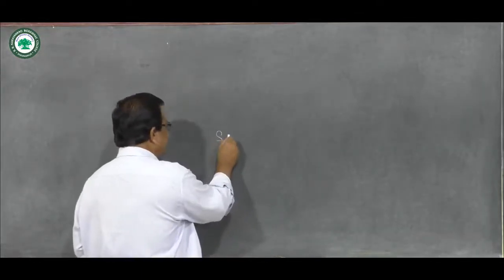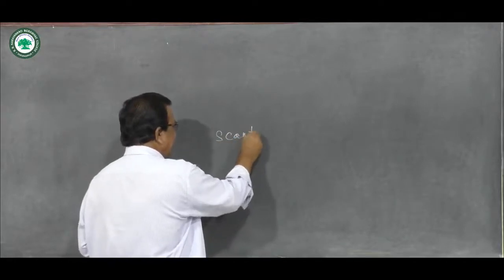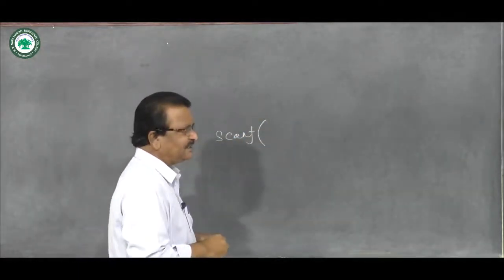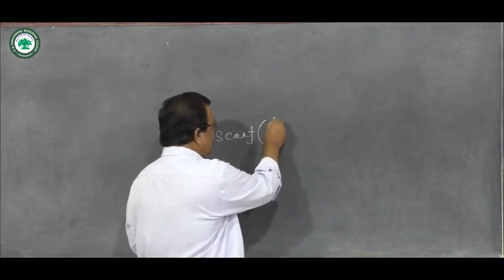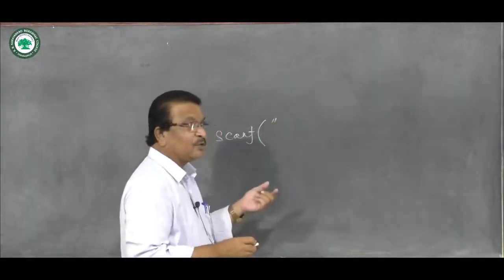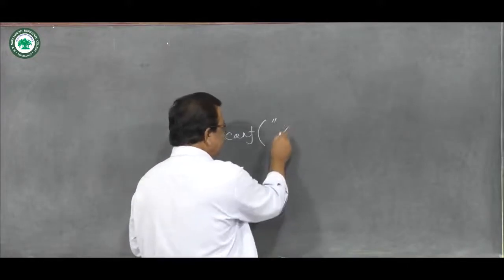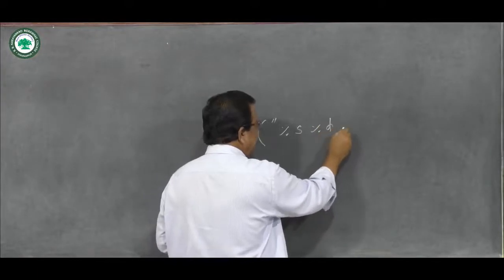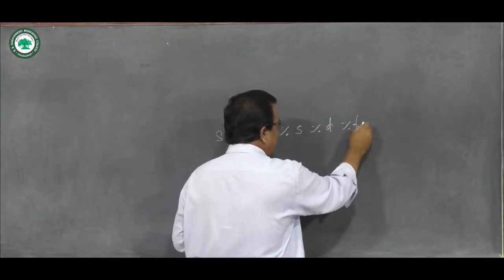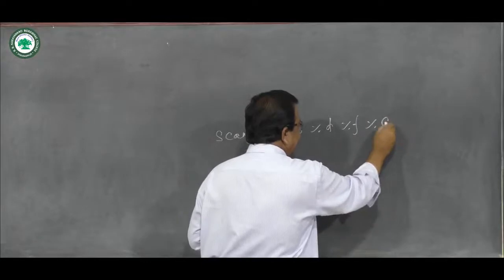Scanf, everything in lowercase letters, and then a control string written within double quotes, with character groups such as %s, then %d, then %f, and then %c.